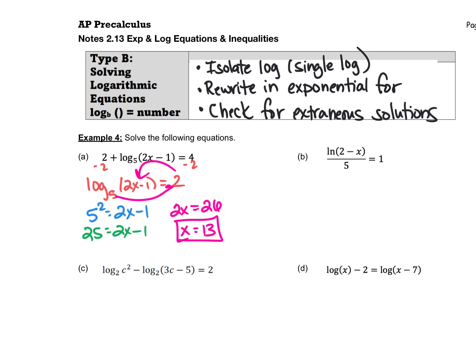All right, let's look at B. Is that 5 inside the logarithm? No. So I can get it out of the bottom of that fraction by doing what? Y'all are so smart. So the ln of 2 minus x is going to equal 5. Just multiply.